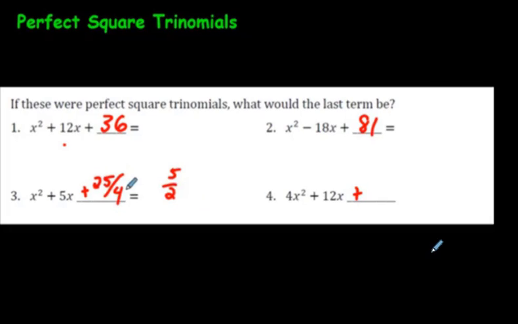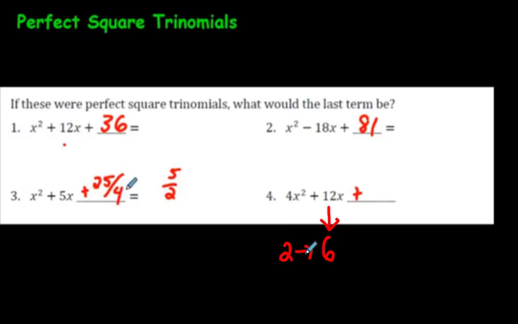All right? Okay, in order to get the last term here, remember this one's trickier than the other ones because we have a 4 here in the front. Notice the other ones we just had an invisible 1 each time. If you have a 4 here in the front, what we have to do to get this last term is you start by looking at the middle term and you say, what's half of 12? And if you look, the half of 12 is 6. Take the square root of 4.